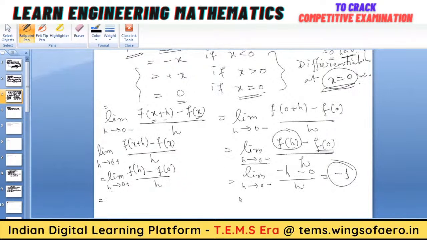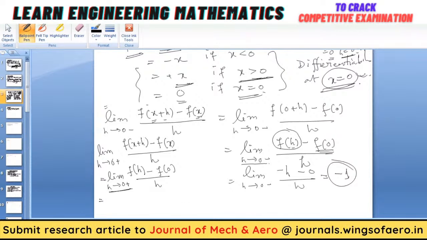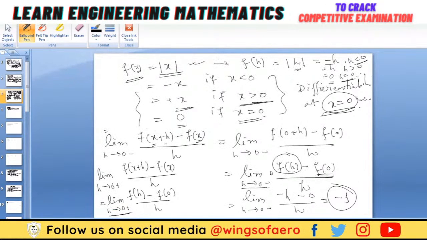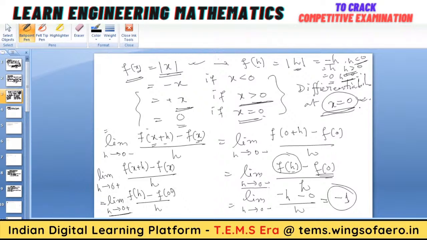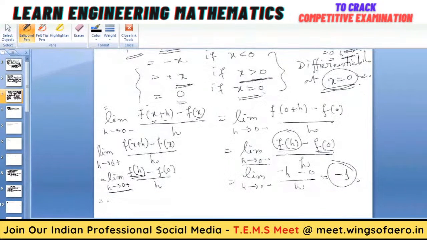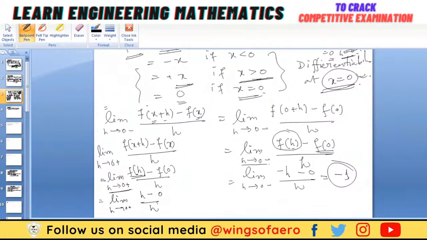Now look at this: h tends to 0 plus means I am approaching from the right hand side, so it is plus h. Look at the definition: minus h if h is less than 0, and plus h if h is greater than 0. Obviously f of h is equal to plus h in this case. So limit h tends to 0 plus of h minus f of 0, which is obviously 0, divided by h.